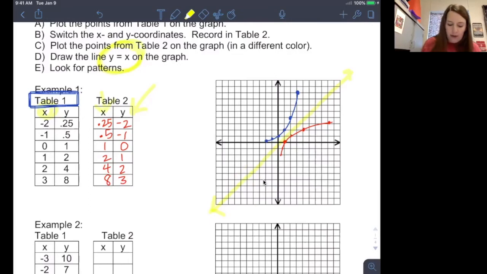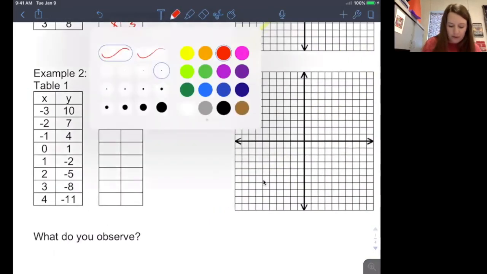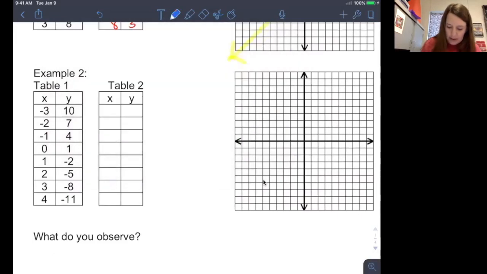Okay, if we do the same thing here, I'll switch to blue for the first one just because that's what we did on the first one. So I have -3, 10, -2, 7, -1, 4, 0, 1, 1, -2.